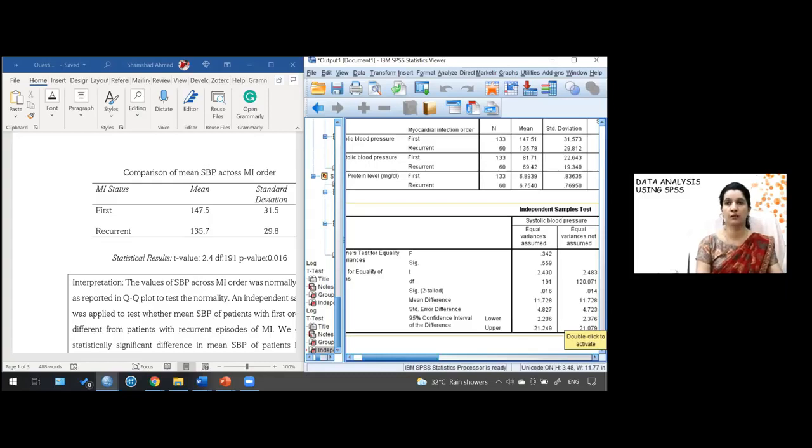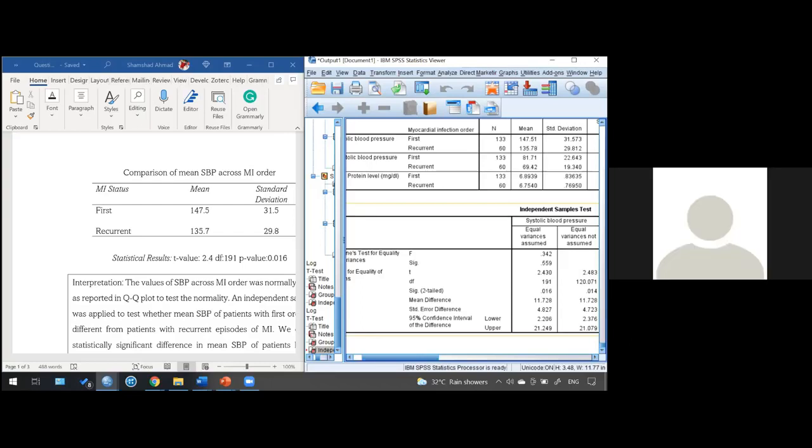So the T value, the degree of freedom and the mean difference was this. Is it okay to all of you which column we should use while interpreting the independent sample t-test, or should I repeat it once again before I go to the interpretation?